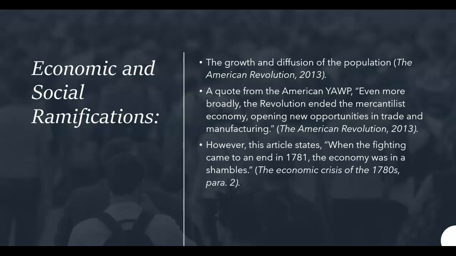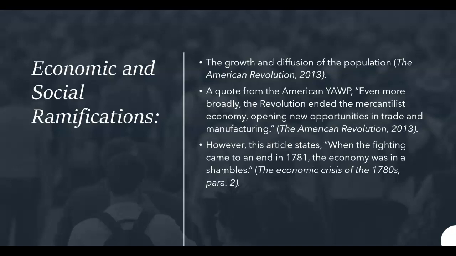However, this article states when the fighting came to an end in 1781, the economy was in shambles. Gross domestic production in the United States actually dropped by nearly 30%. This is due to actual damage of property in the war, of war deaths, all these things.